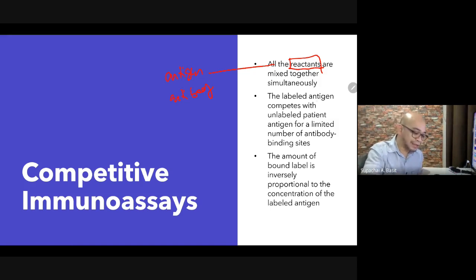The labeled antigen competes with the patient's unlabeled antigen. So there are two types of antigens here: the one that comes from the patient, which is unlabeled, and the reagent's antigen, which is the labeled antigen.